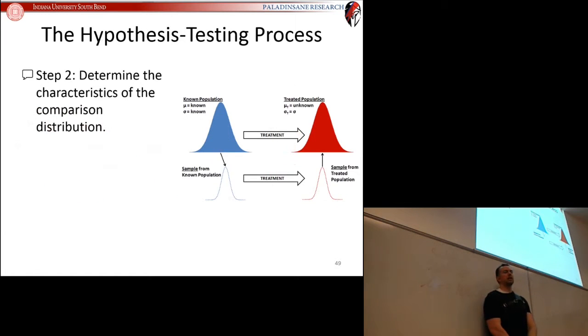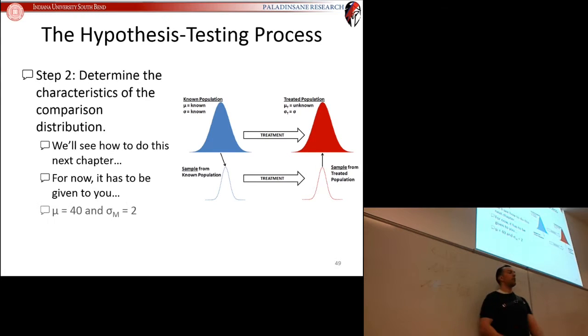So we need to determine the characteristics of the comparison distribution. We're going to see how to do that in chapter 6. For right now, I'll give it to you. And it just so happens that our comparison distribution has a mean of 40 and a standard deviation of 2.